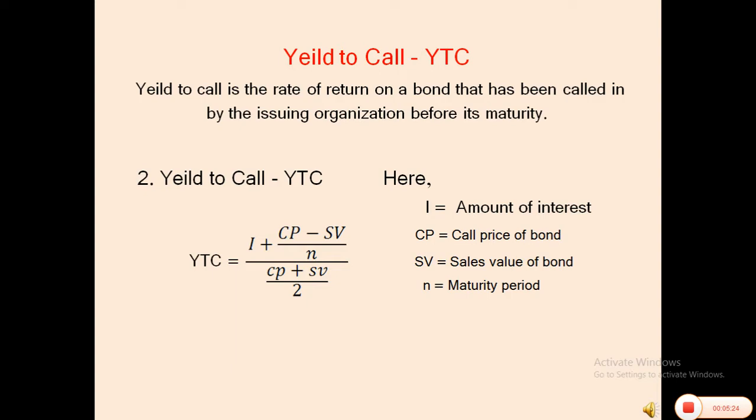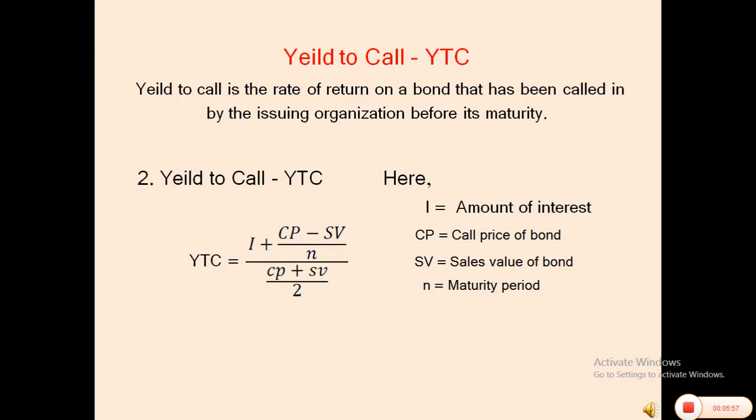Yield to call, YTC. Yield to call is the rate of return on a bond that has been called in by the issuing organization or company before its maturity. Basically, it represents the discount rate which equates the discounted value of a bond's future cash flow to its current market price, given that the bond is called on the call date.